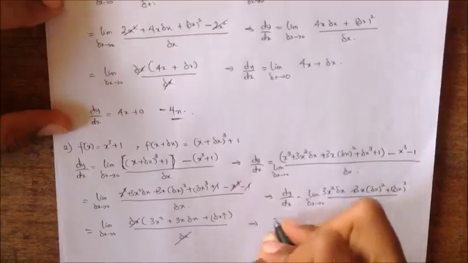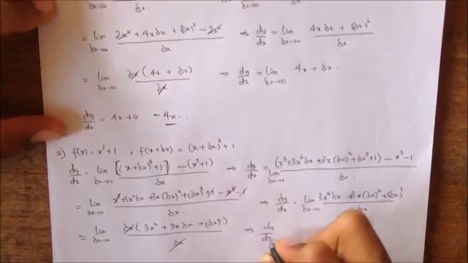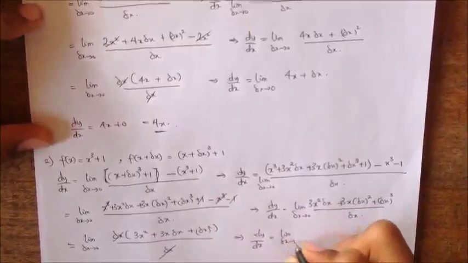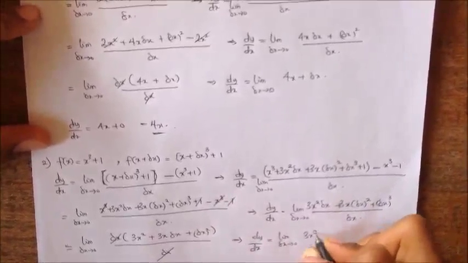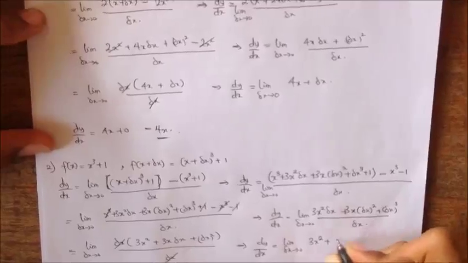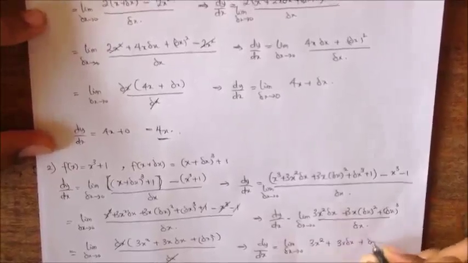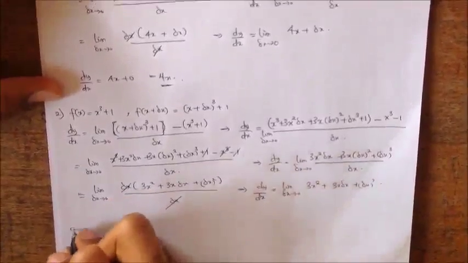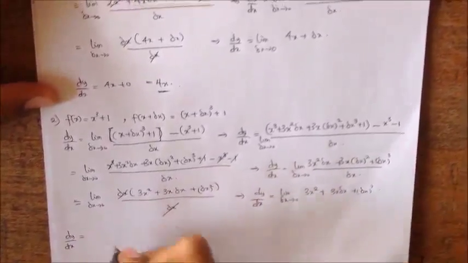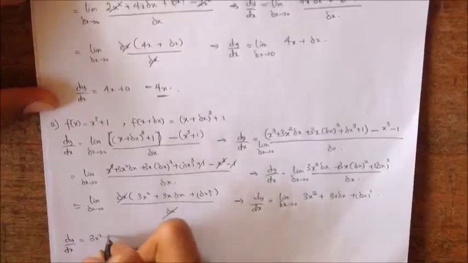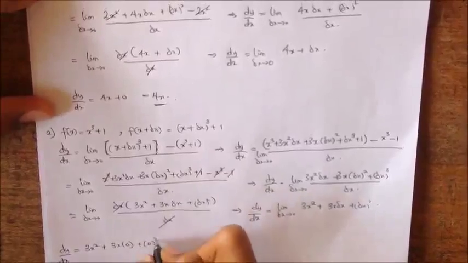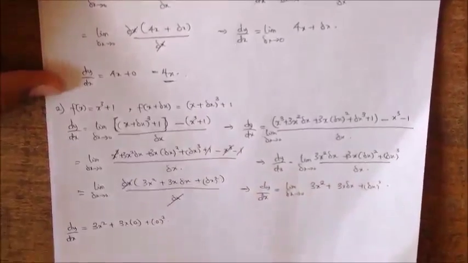So this implies dy dx is simply the limit as delta x tends to 0 of 3x squared plus 3x delta x plus delta x squared. When I take my limit, dy dx is equal to 3x squared plus 3x times 0 plus 0 squared, since I've taken delta x tends to 0.